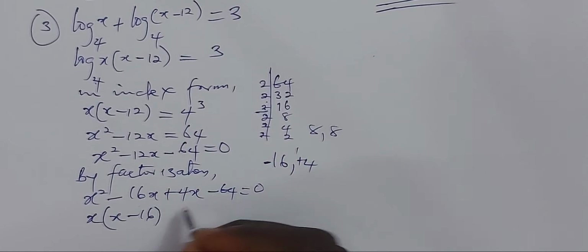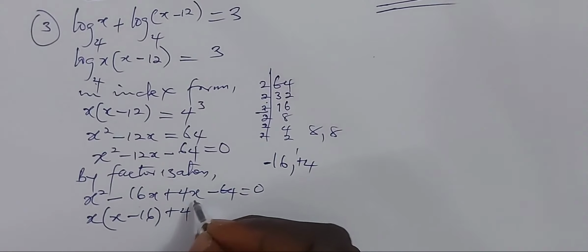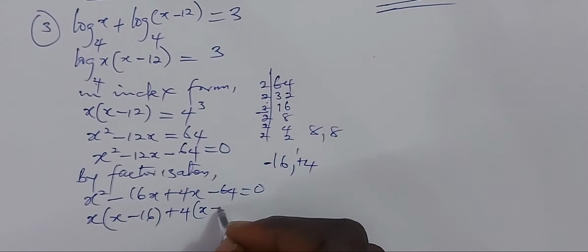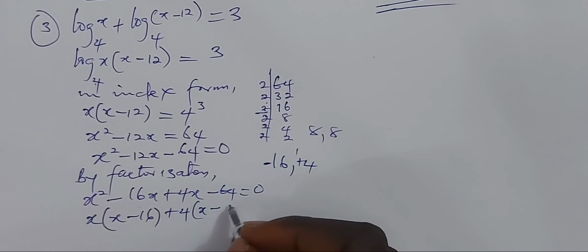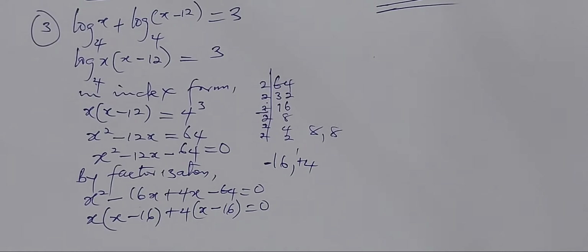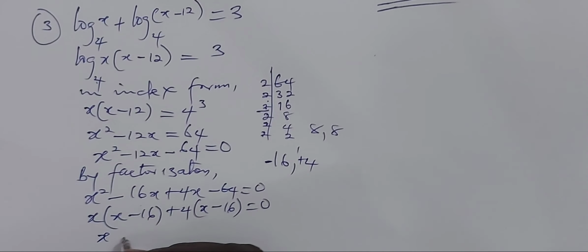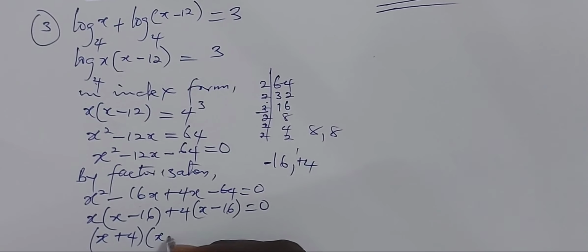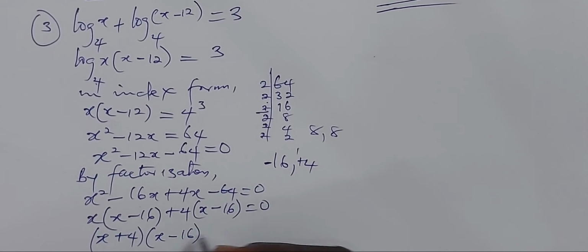Close bracket. What is common here? Plus 4. 4x divided by 4, we have x. Plus minus, we have minus. 64 divided by 4, we have 16 equals 0.